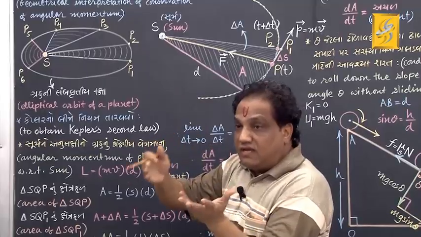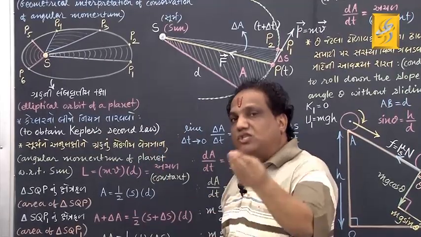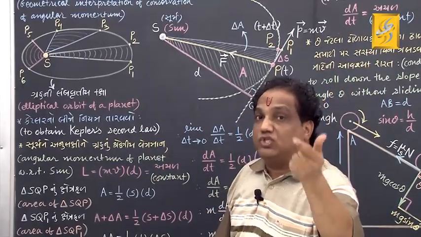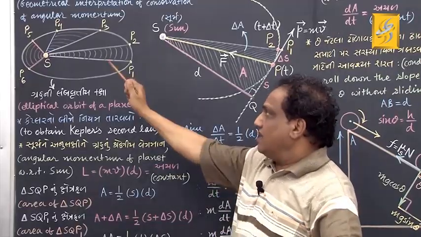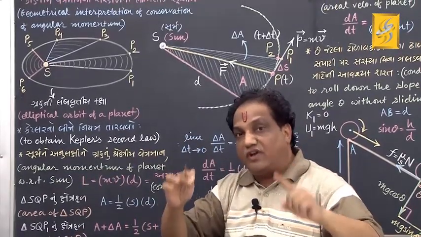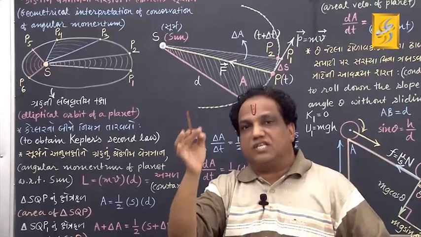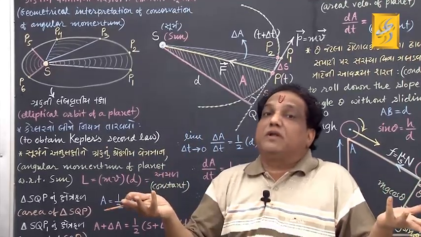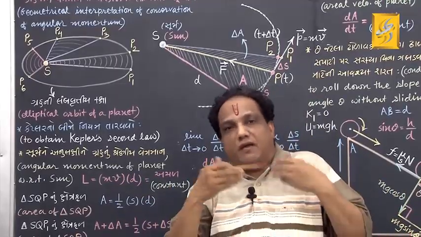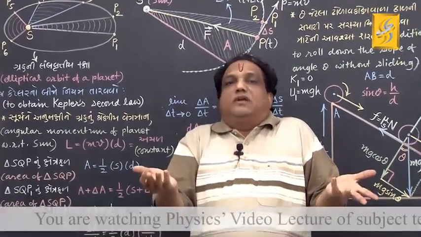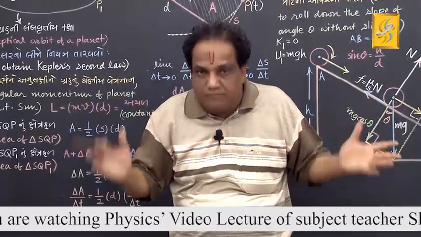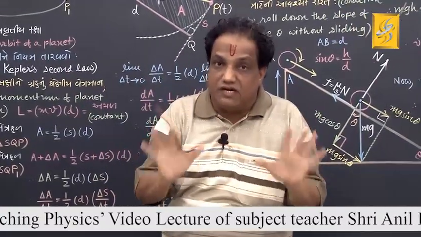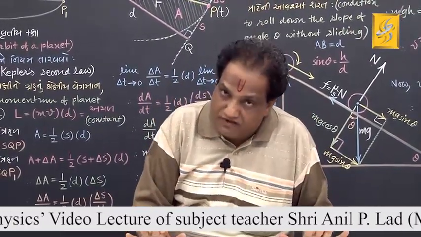When you show any fact in the figure, it is a geometrical interpretation. So the geometrical interpretation of the law of conservation of angular momentum is that the area swept in unit time is constant, which is nothing but Kepler's second law. So either you say Kepler's second law or you say geometrical interpretation of the law of conservation of angular momentum, the final result remains the same.